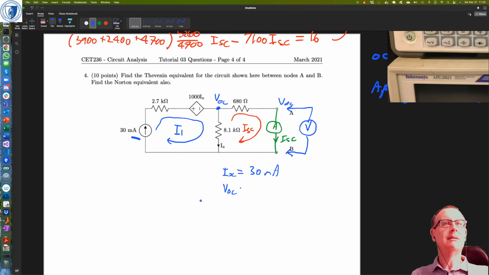I thought maybe we should try the apply a voltage technique for this one to find the Thevenin resistance. Okay, because we did the open circuit voltage, short circuit current technique before. We still need to actually find the open circuit voltage because we won't get that out of the apply a voltage technique.